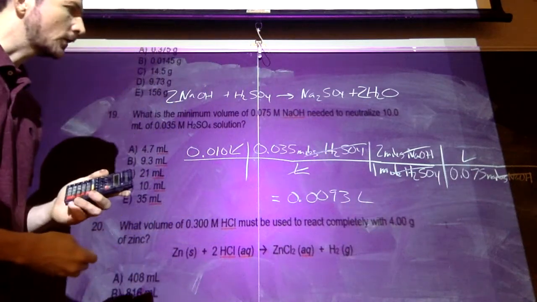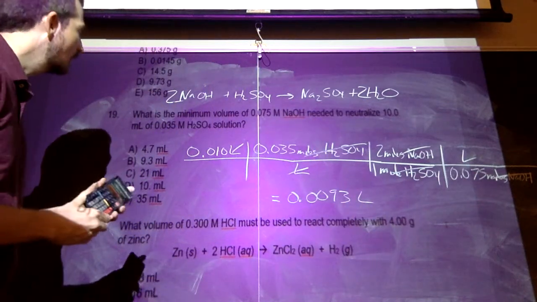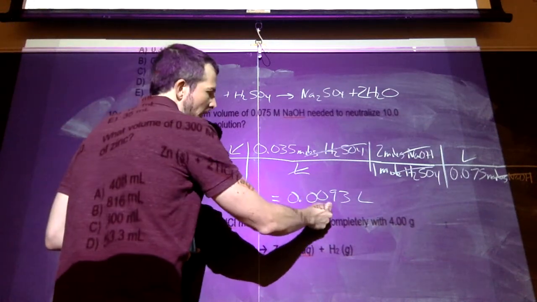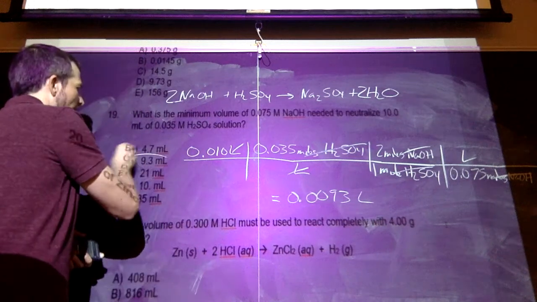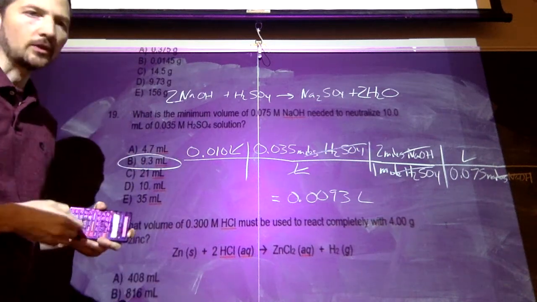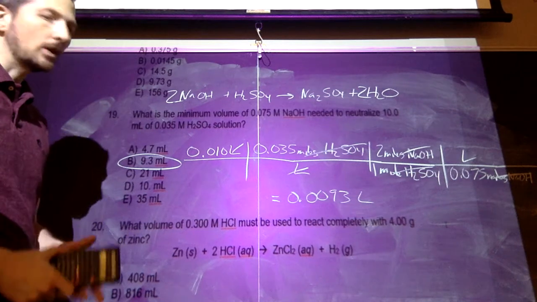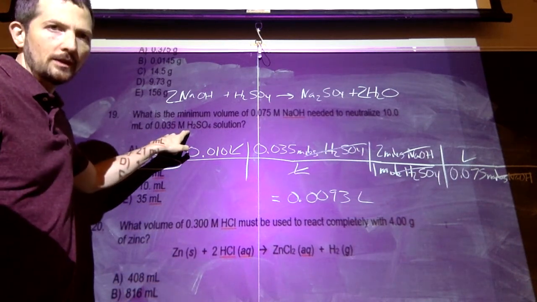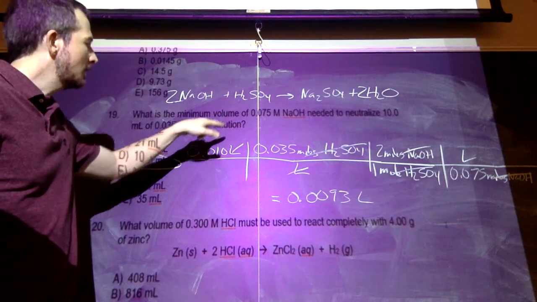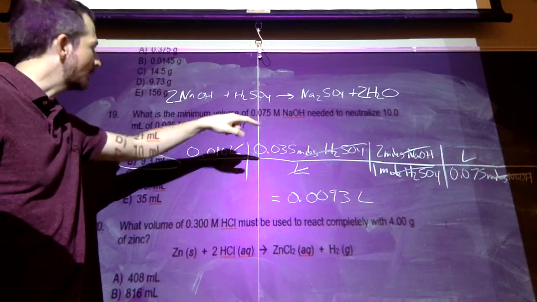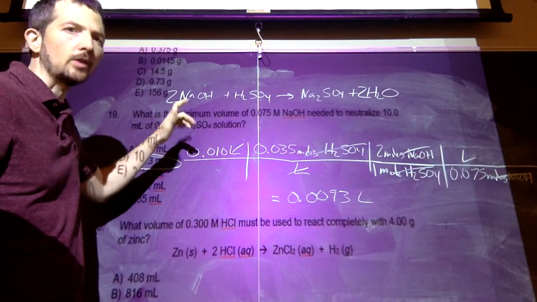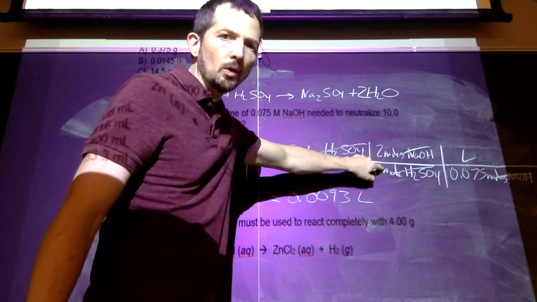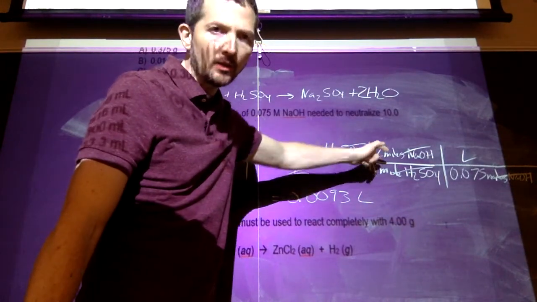So 0.0093 liters, and all these answers are milliliters, so move the decimal point 3 places, 9.3 milliliters, correct answer. So again, you'll be tempted to use the dilution equation on this, because you have one concentration, then you have a volume and a concentration down here, so you try to plug in that equation. You get the wrong answer, because it's not 1-to-1. You're going from one compound to another compound, so it won't work here.